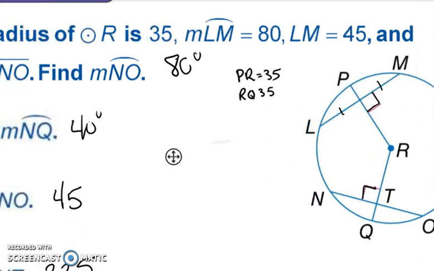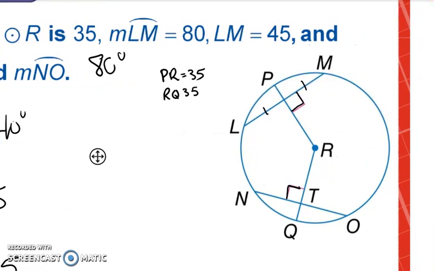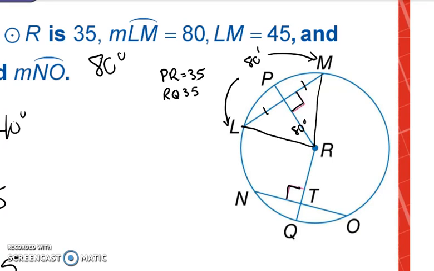And then it says the measure of arc LM is 80 degrees. So I'm going to take this 80 and put it right here. But you need to remember that that also is this. So this is 80 degrees right there. So you can put the 80 on the outside, you can put the 80 on the inside.